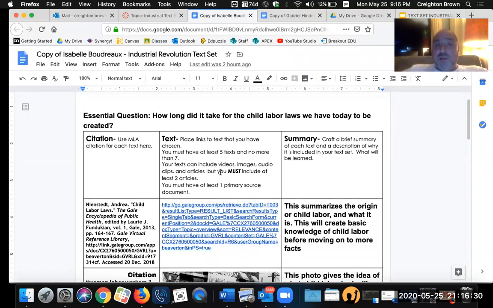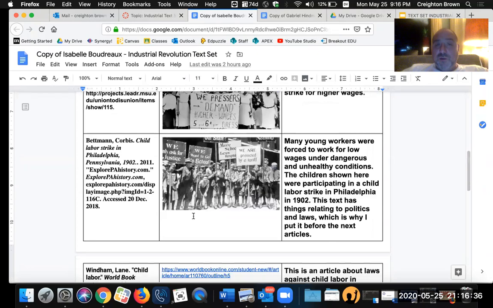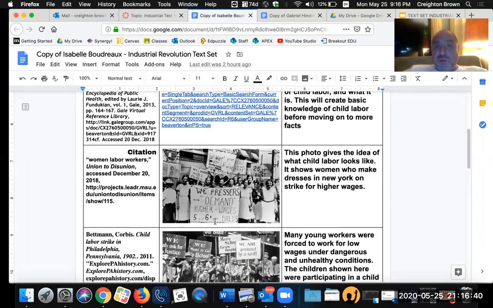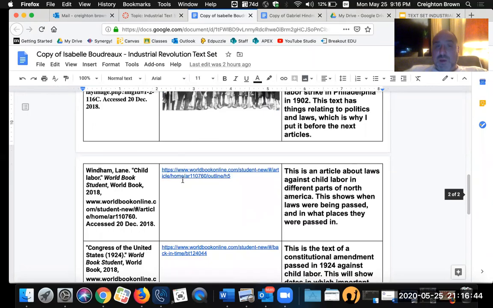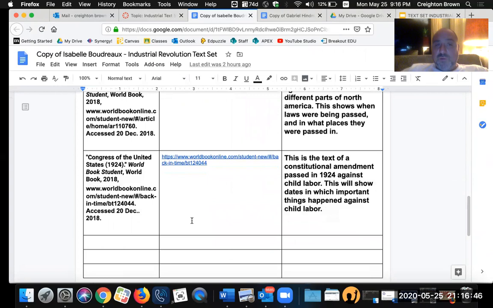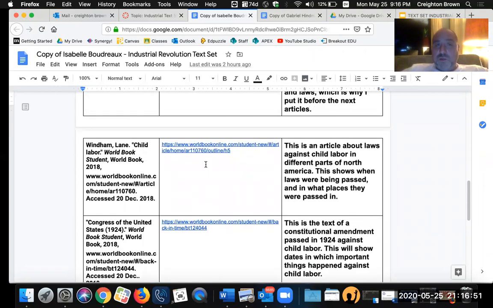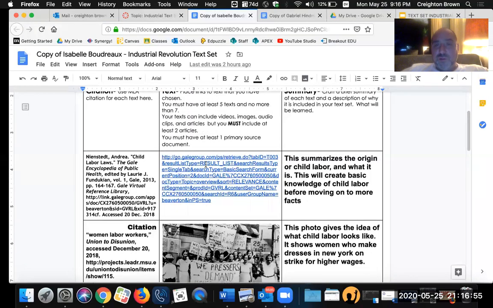The next line of your text set is you're just going to put in links. So here they include a couple photographs and a news article and a couple articles from World Book, and they went out and found 1, 2, 3, 4, 5 different sources, and that was it.